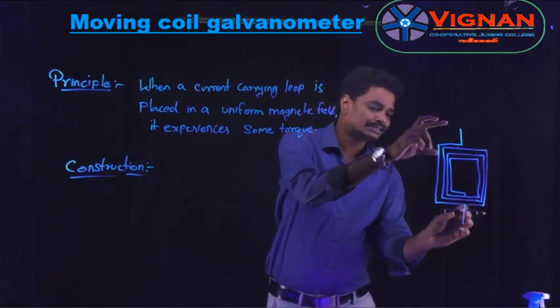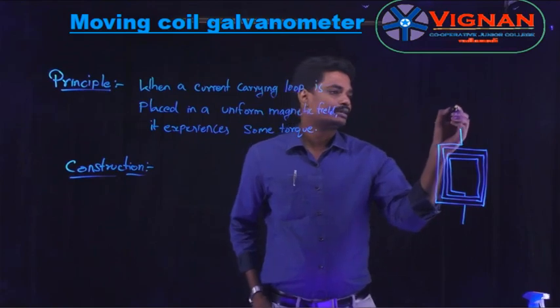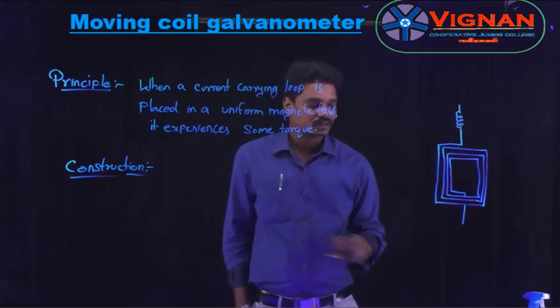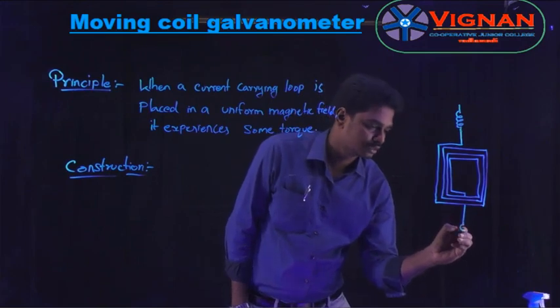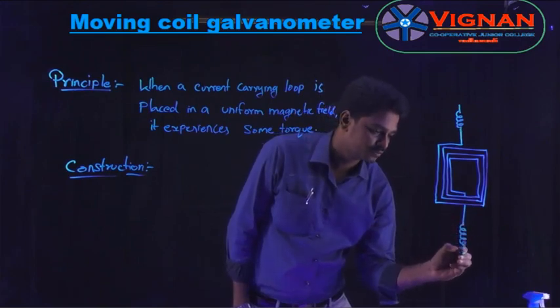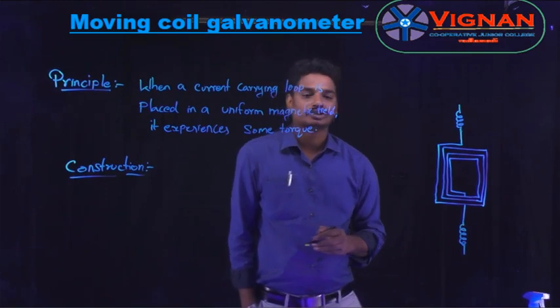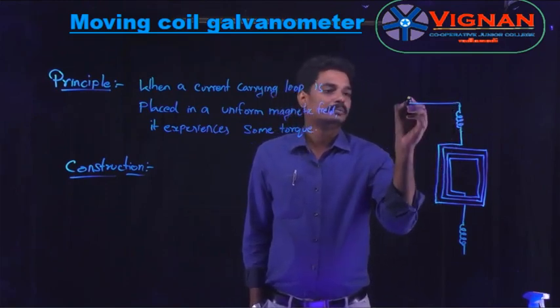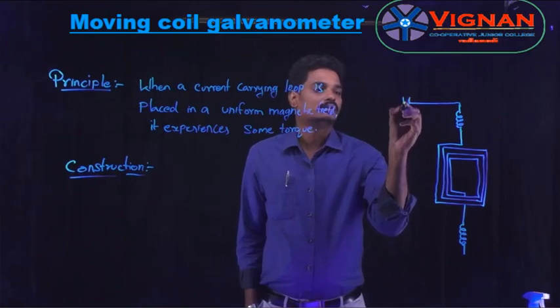The two ends of this rectangular loop are connected to a spring made up of phosphor bronze. In our discussion, we will see why it is made up of phosphor bronze. Then it is connected to the two terminals of the galvanometer.